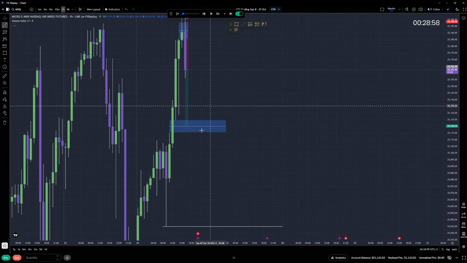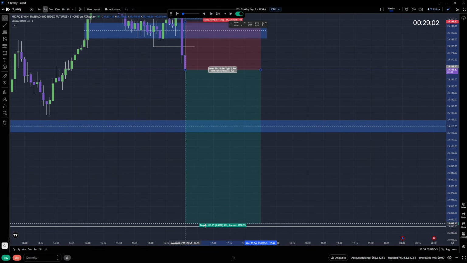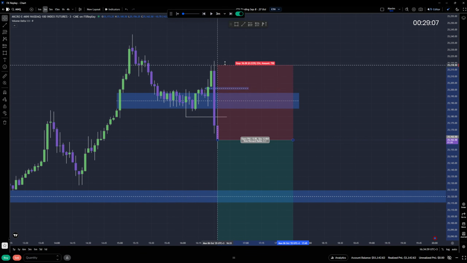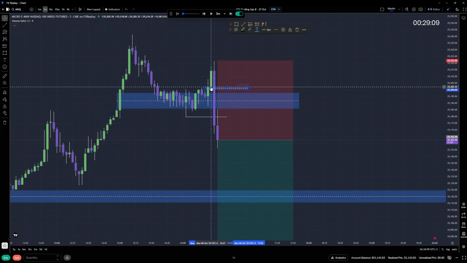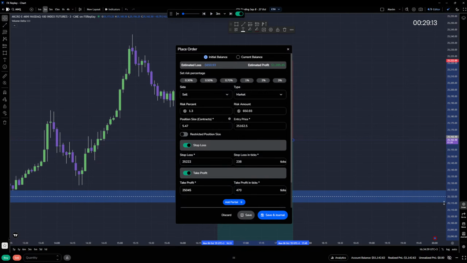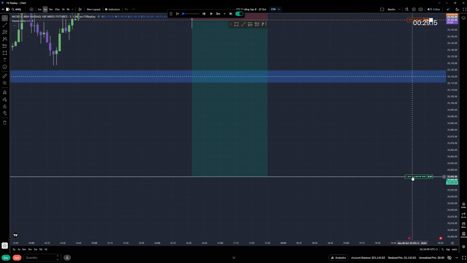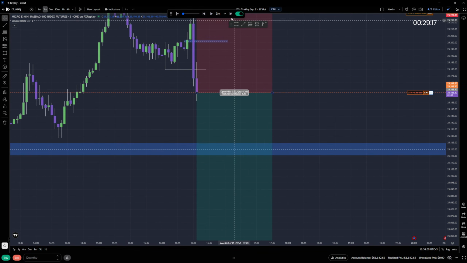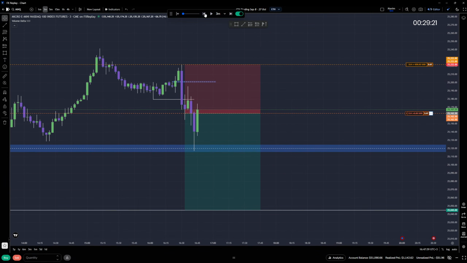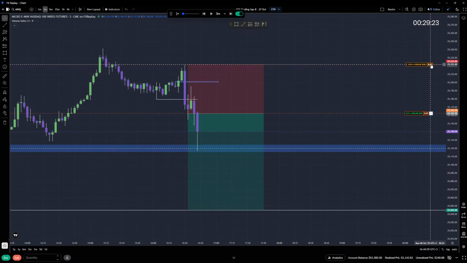Then I should just target lower and go break even on that. And this is the only target. So that will be my trade. And I will put it like a break even.